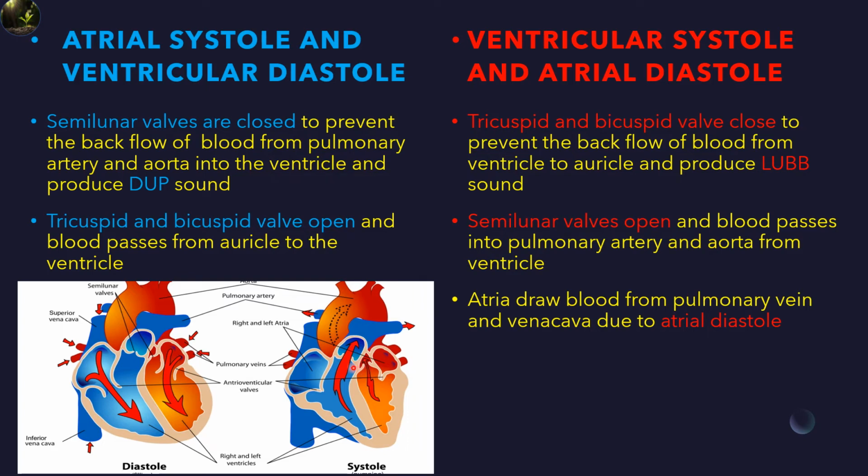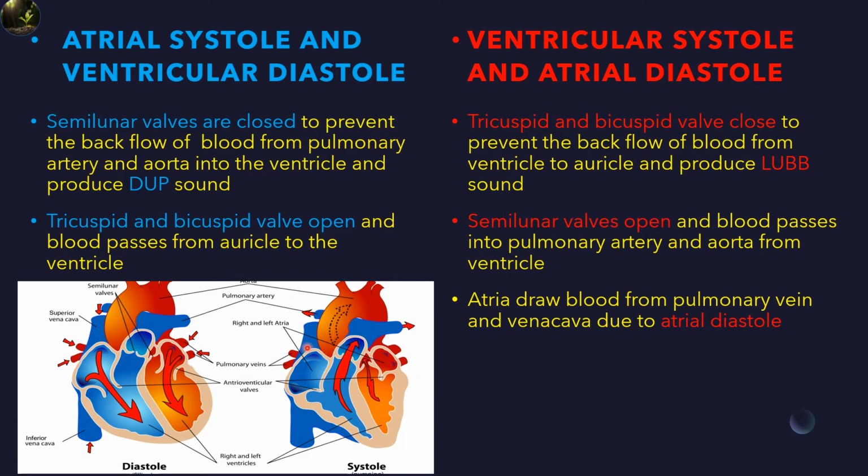At the same time, what is happening here? The ventricle will be in systolic stage, then the atria will be in diastolic stage. Atria will be in diastolic stage or relaxed stage. Atria draw blood from the pulmonary vein and vena cava.